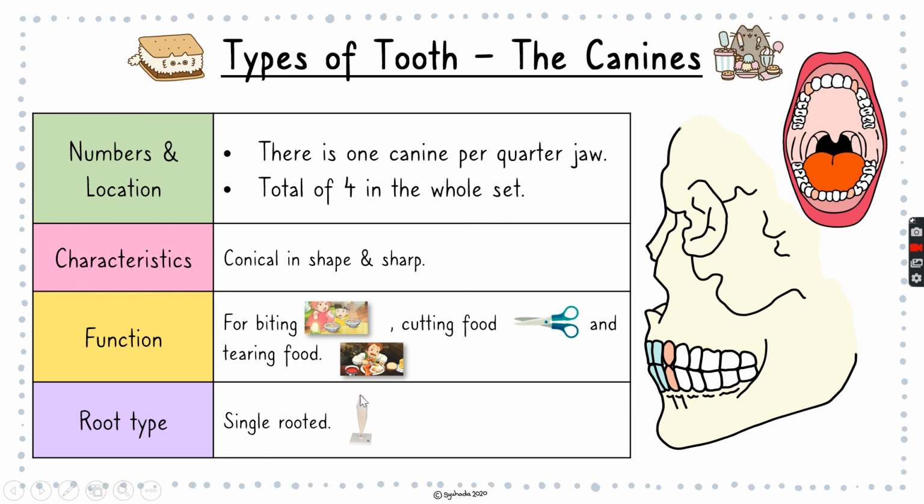But mainly they're looking at the top shape, which looks like a cone, and it's very, very sharp. Being sharp, the main function is also to bite and cut food, but also to tear food into pieces. The root type is also single-rooted, just like the incisors.